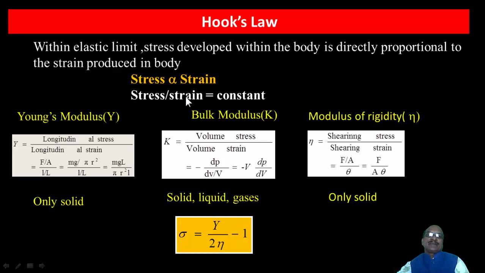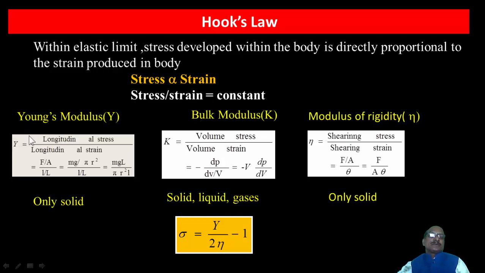Accordingly, we define three constants: Young's modulus Y, bulk modulus K, and modulus of rigidity eta. These three constants Y, K, and eta are called the elastic constants of the material.